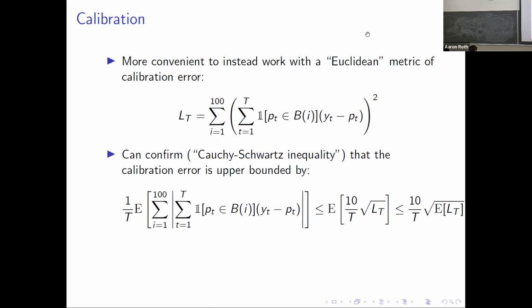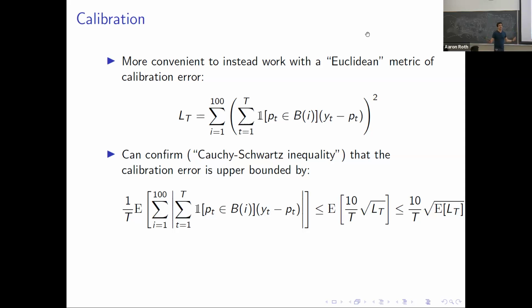But these things are related to one another by the Cauchy-Schwarz inequality, and you can confirm this at home. If I can promise that this metric becomes small, then I also promise that the metric that my employer is using to determine whether to extend my contract another year is small. In particular, the expected average calibration error is going to be at most 1/T times the square root of the expected squared calibration error.